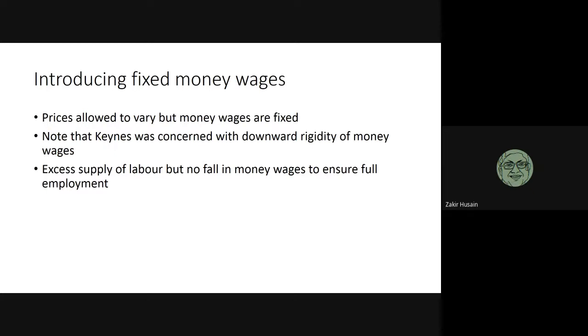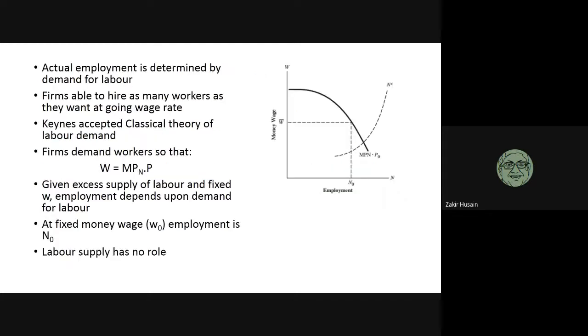So let us see what happens if we introduce fixed money wages into the market. If we introduce fixed money wages, it means that this is going to be the money wage, it cannot change. So therefore the supply curve becomes redundant. Given the money wage, you simply find out, looking at the demand curve, how much the firms are willing to buy.